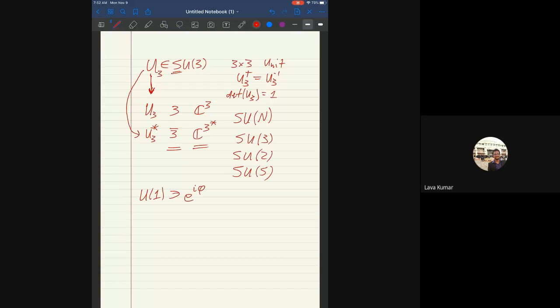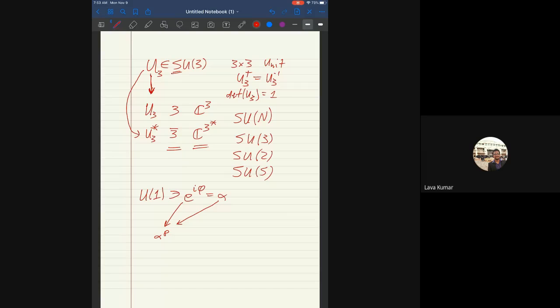So let's call this alpha. So now a representation of this would be to map this guy. Let's say I took the element alpha from U1. Well, a representation of it would be alpha to the p, alpha raised to some power p.